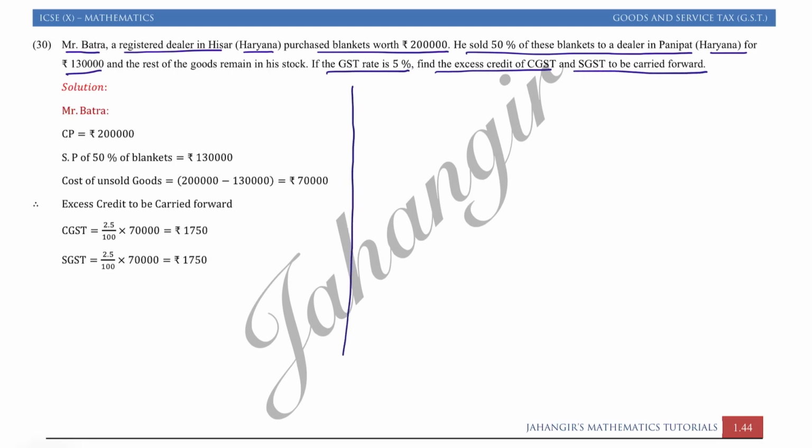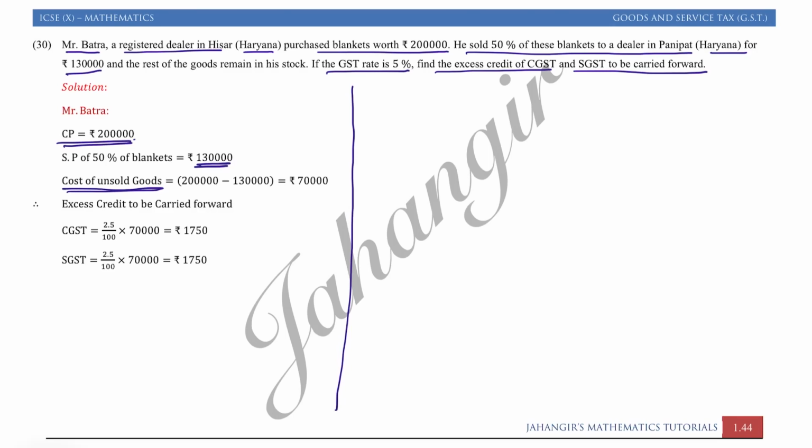So here, in the first part, I will explain you the unsold goods part. We will find this excess credit. So bought goods worth rupees 2 lakh and sold goods worth rupees 1 lakh 30,000. So cost of unsold goods. Here we don't have to consider the profit first.